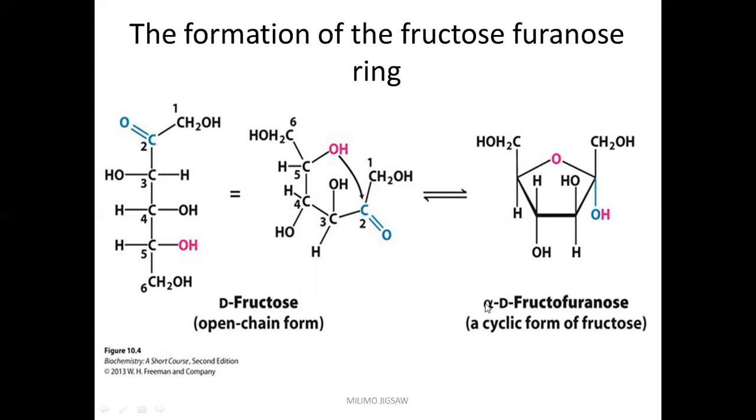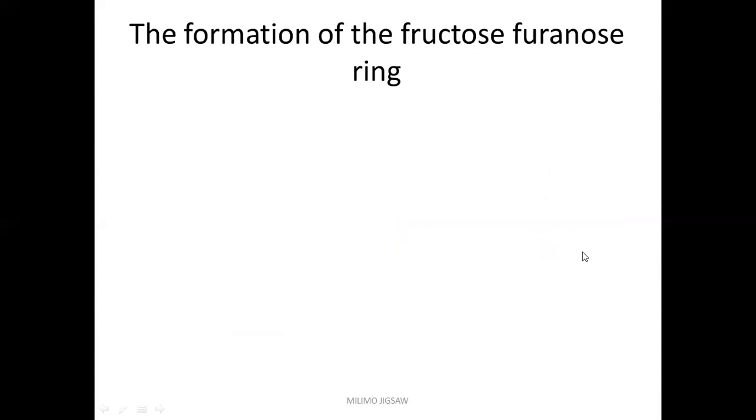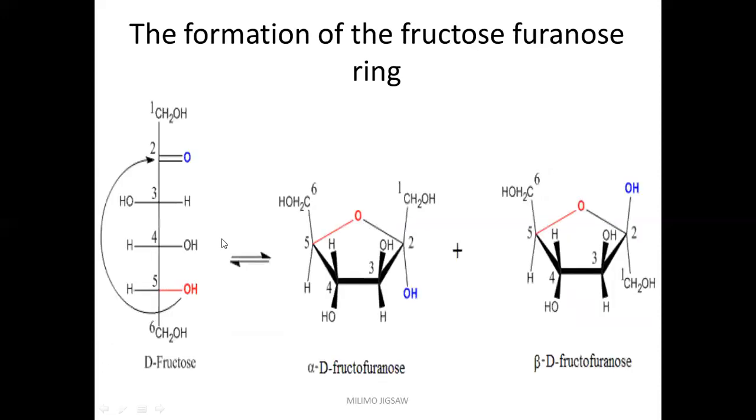So this is alpha because the OH is below the plane, so it's alpha. If it's above the plane, then it could be beta. Okay, so it simply is showing the same thing.